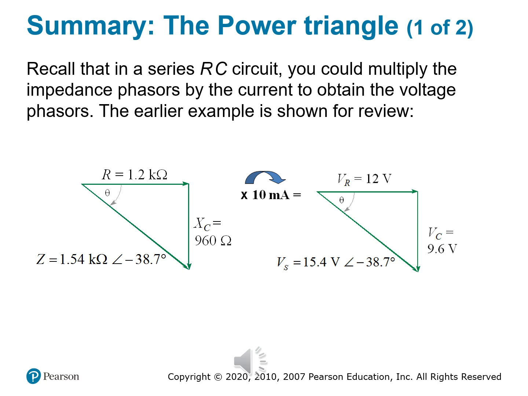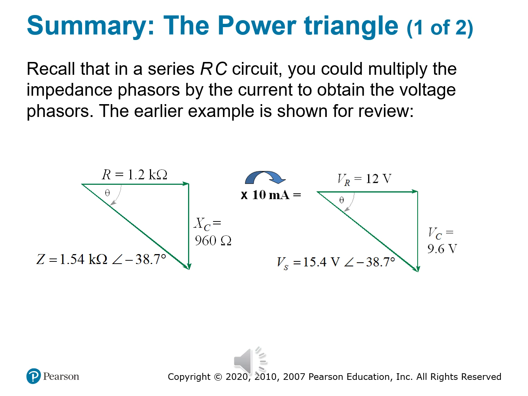But now with a current of 10 milliamps RMS. We multiply that impedance triangle by the current to produce the voltage triangle. V sub R is going to be equal to I times R, which is 10 milliamps times 1.2 kilohms. That gives me 12 volts. That's one leg of the triangle. V sub C is I times X sub C, which is 10 milliamps times 960 ohms.